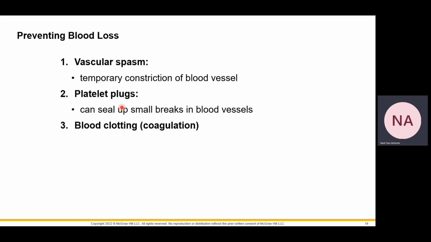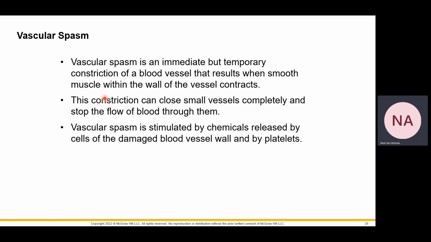Platelet plugs is formed by aggregation of the platelets, which can seal up small damages in our blood vessels. Now, kapag malalaki yung damage, then you need blood clotting or yung tinatawag na coagulation. So these are the three mechanisms by which blood loss is prevented.